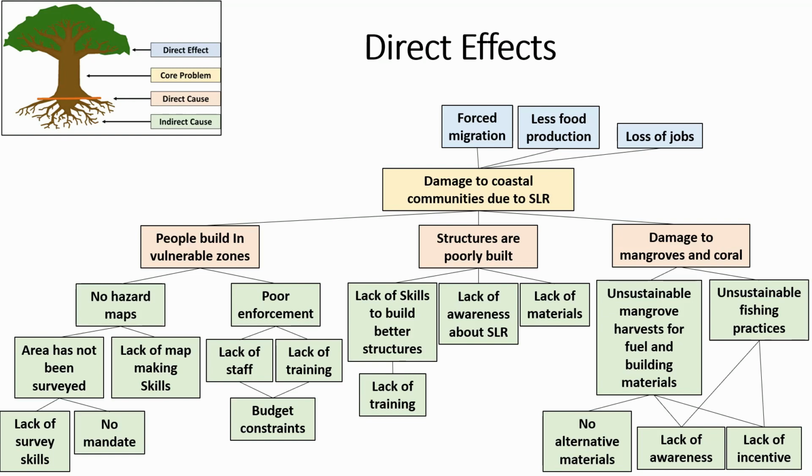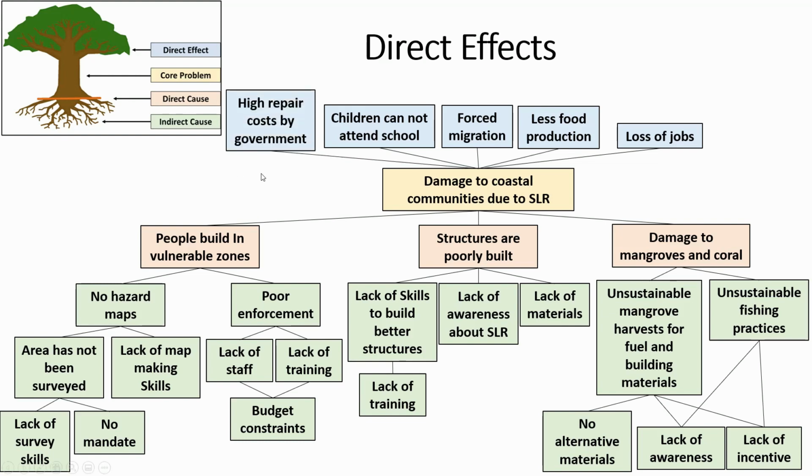They're starting to move into the larger cities. So we may see forced migration. And then what? Children cannot attend school because of damage to coastal communities. It could be that the schools are damaged from sea level rise, or maybe it's difficult for the children to access the schools.